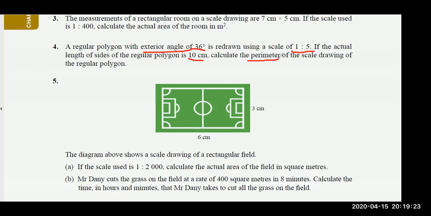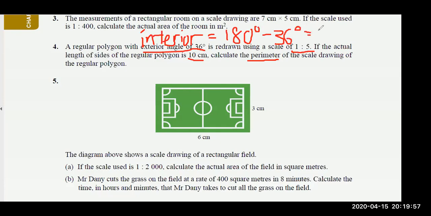So the exterior angle, they give you 36 degrees, then you need to find the interior, right? Then how to find the interior? Interior is you use 180 degrees, meaning the straight line, minus 36 degrees.